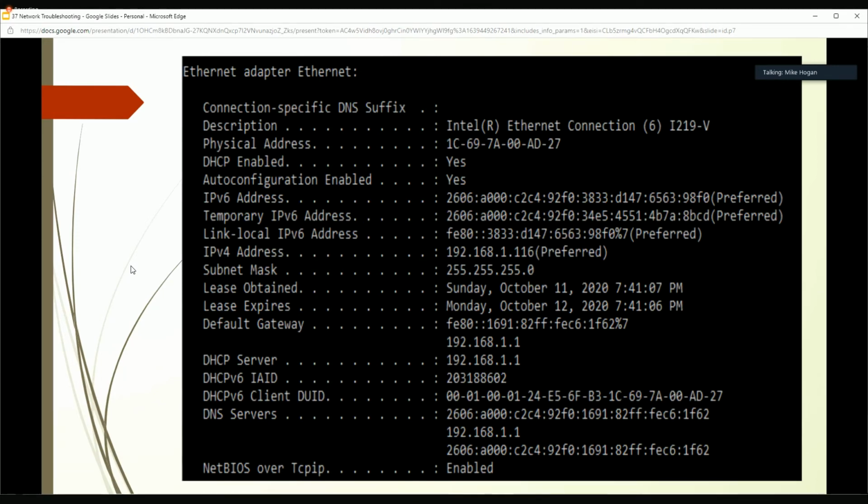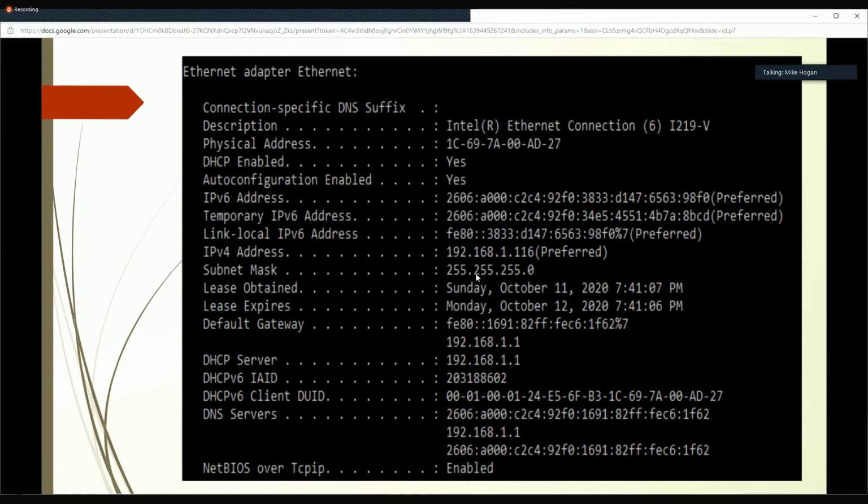All right, here we're looking at our Ethernet adapter. You can see our IP addressing, our address 192.168.1.116. We know that this is a Class C address. We look at our subnet mask, and you can see what we were talking about.